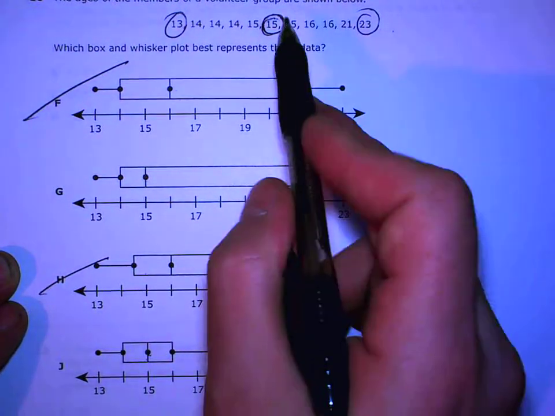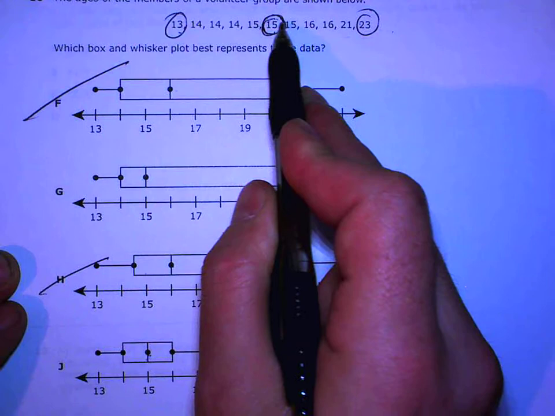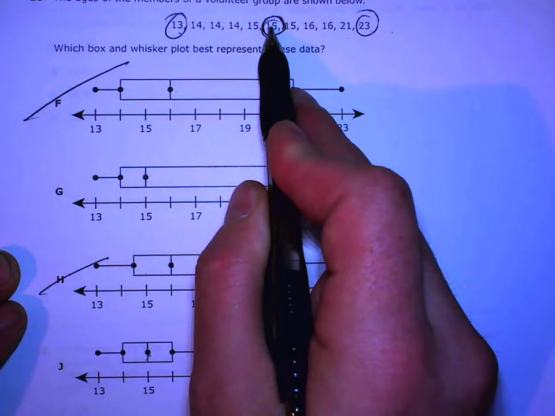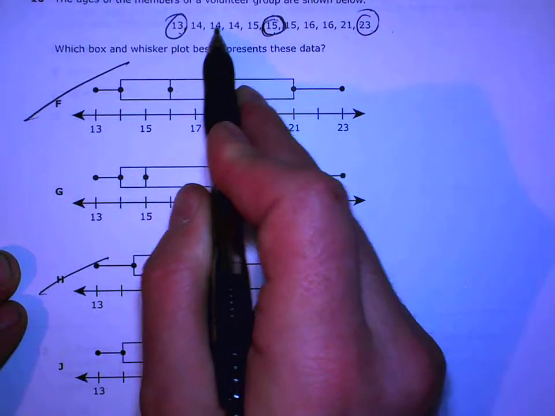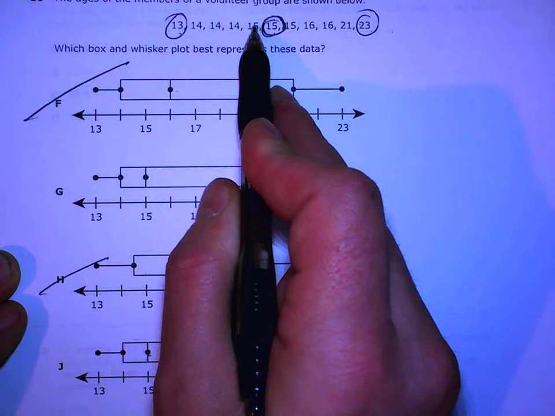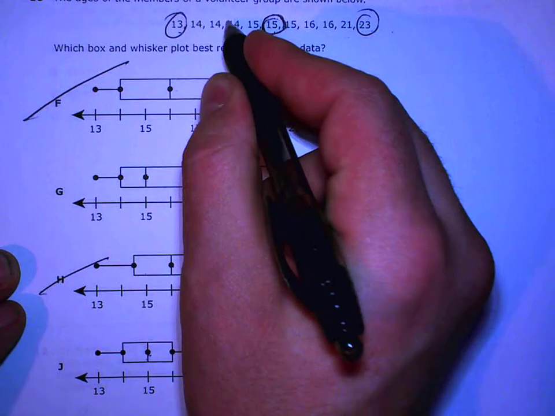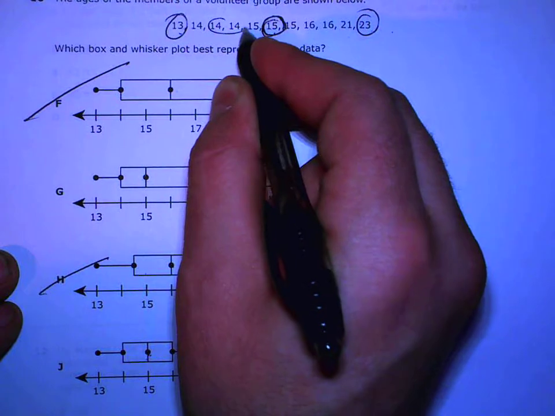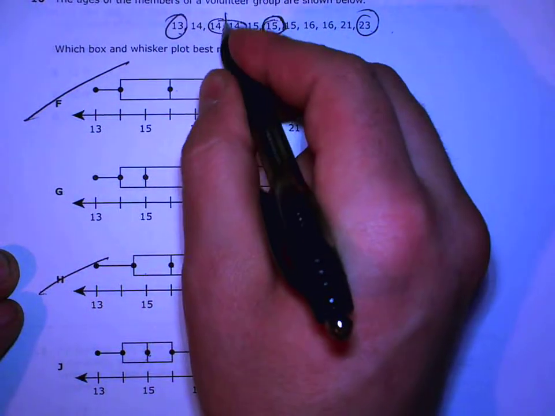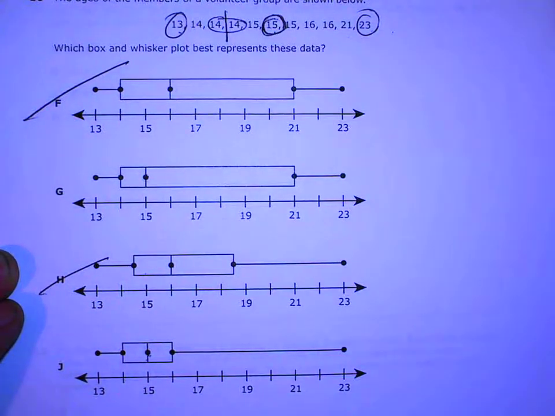Okay, now we find the middle to the left and the middle to the right. So I've got 5 numbers, 1, 2, 3, 4, 5, right? What's in the middle of that? Well, it's in between 14 and 14. It's right here. Well, if we're in the middle, we'd actually have to average those. But the good thing for us is they're the same number, so we're still going to get 14.